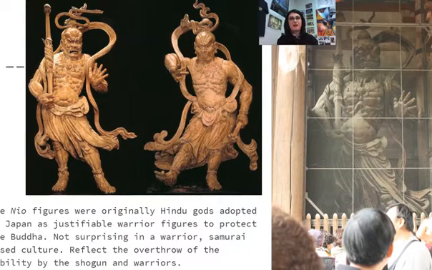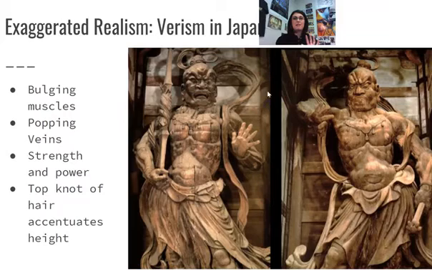And that actually fits in with the Japanese samurai culture, because all of these landowners who were fighting over this little bit of land in Japan would have samurai that they would basically pay to support them. And so this is that warrior culture we can see reflected in these Nio guardian figures, that Japan would be good with adopting them.